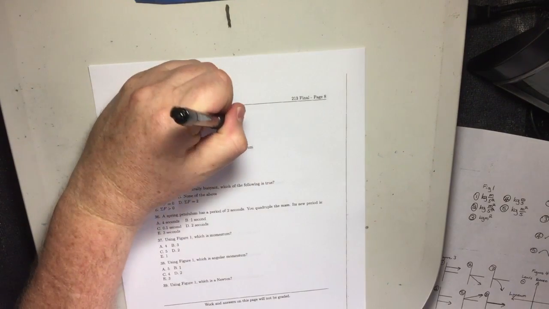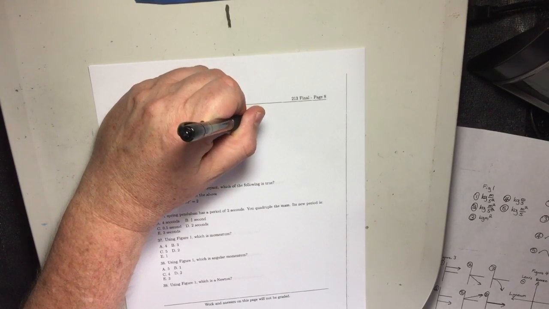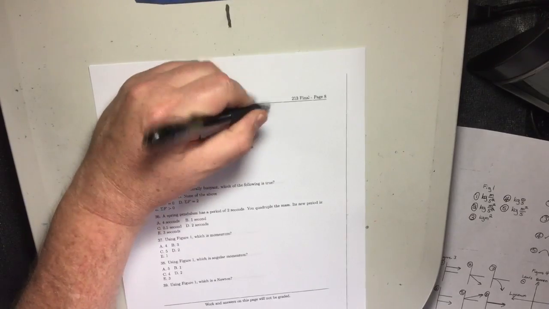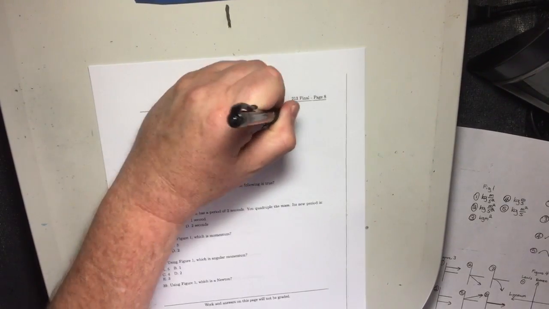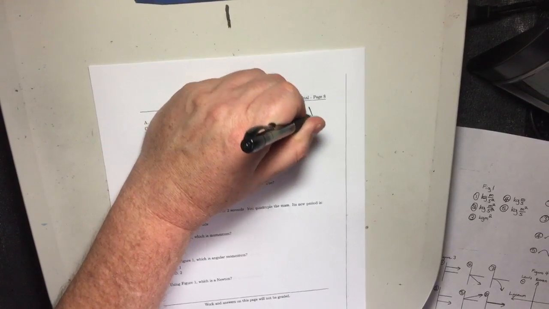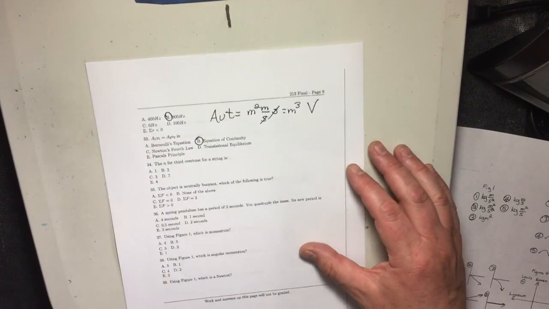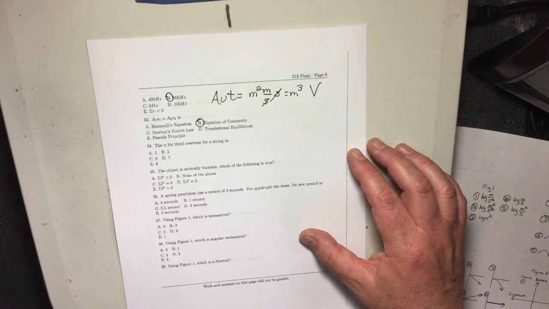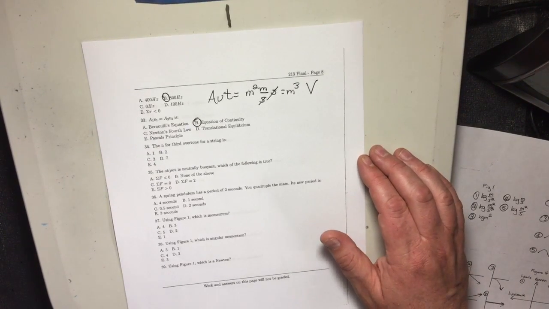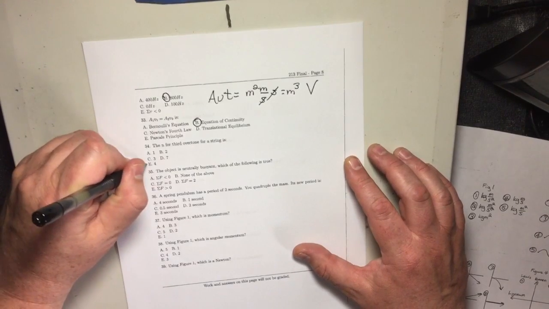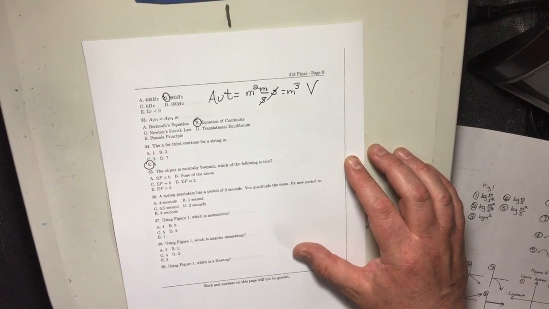A is cubic meters, velocity is meters per second, time is in seconds, and I get meters cubed, so volume. The n for a third overtone for a string is 4, or E.